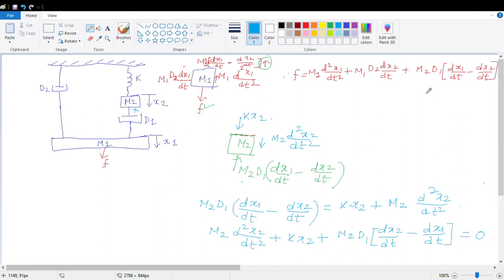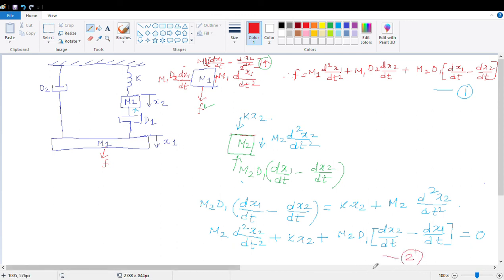So the mathematical model, or differential equation, for this system: the first one is this, and this is the second one.